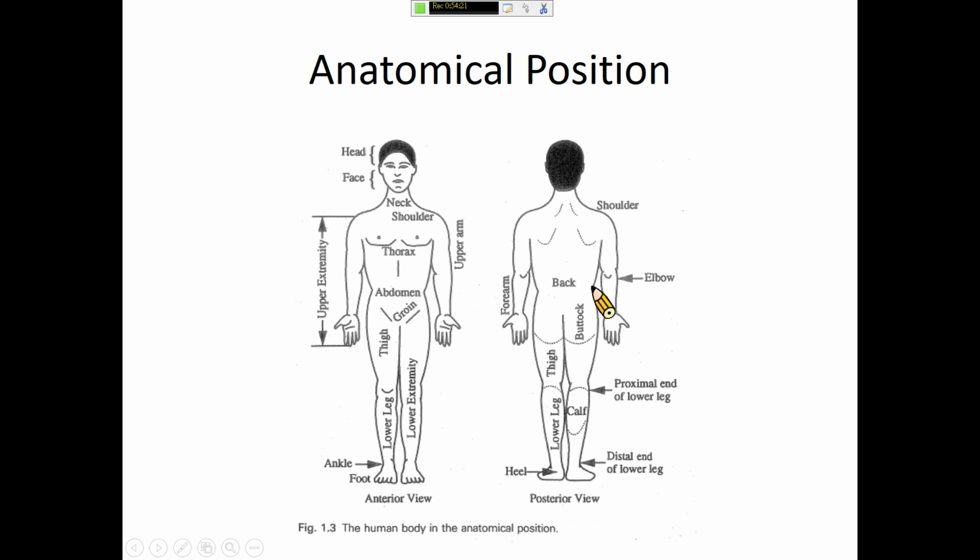Okay? How about the upper arm? For the upper arm, this end, that is the shoulder, would be proximal. Okay?